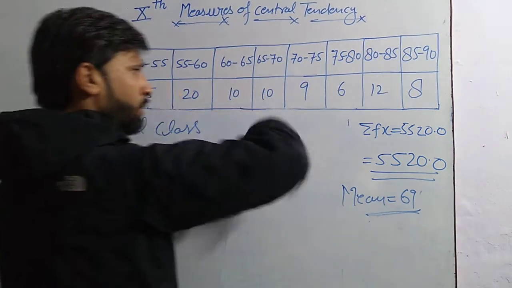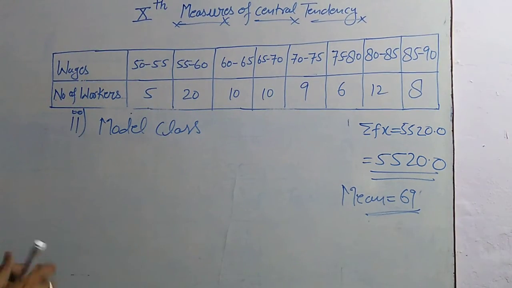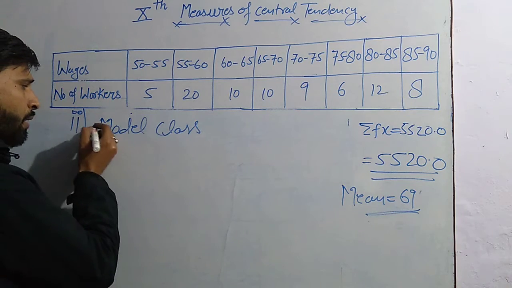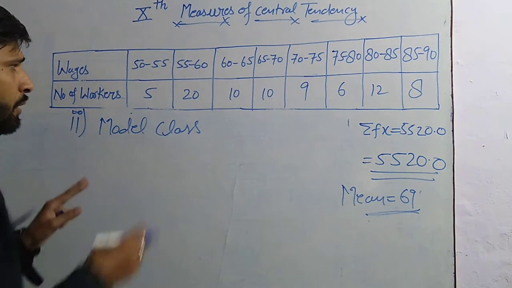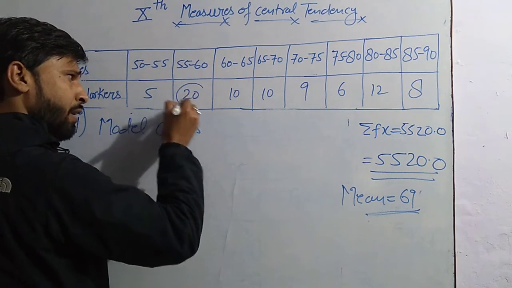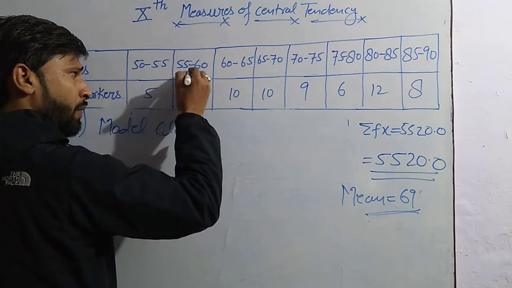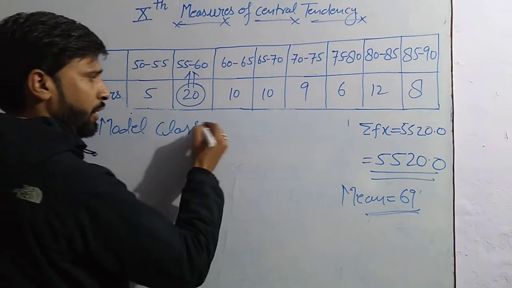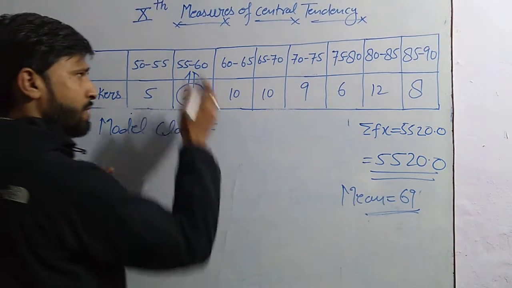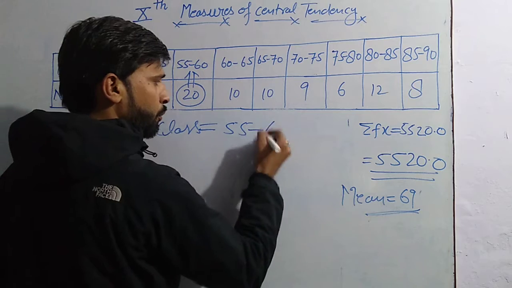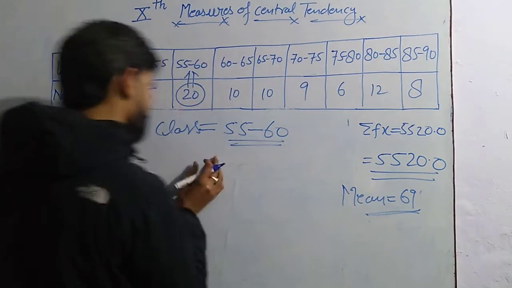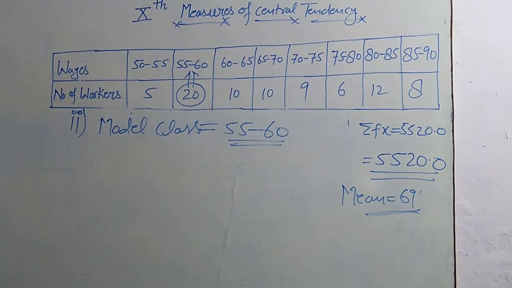Now the maximum frequency here is 20 and the class interval is 55 to 60. Then the modal class is 55 to 60. This is the second answer.